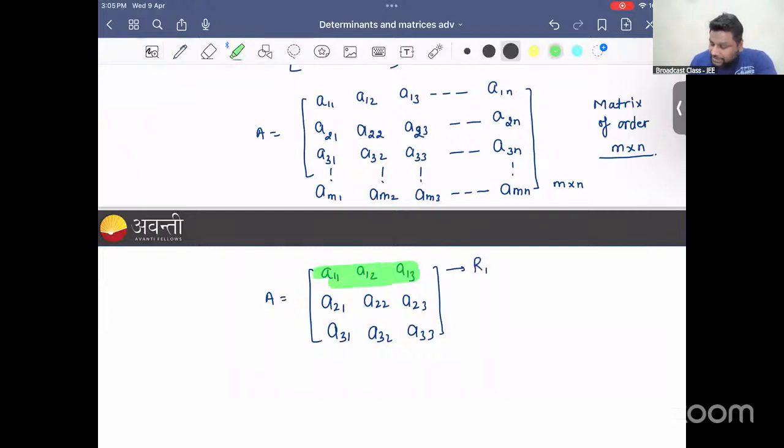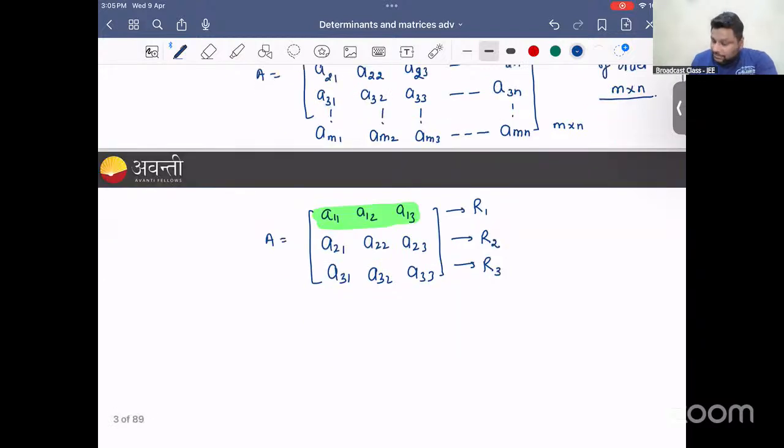This row which I am highlighting is row 1. This is row 2. And this is row 3. Now, this is column 1. This is column 2. And this is column 3.